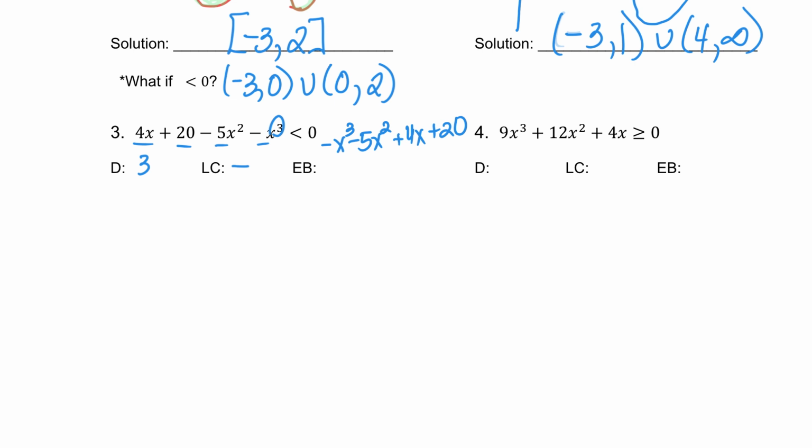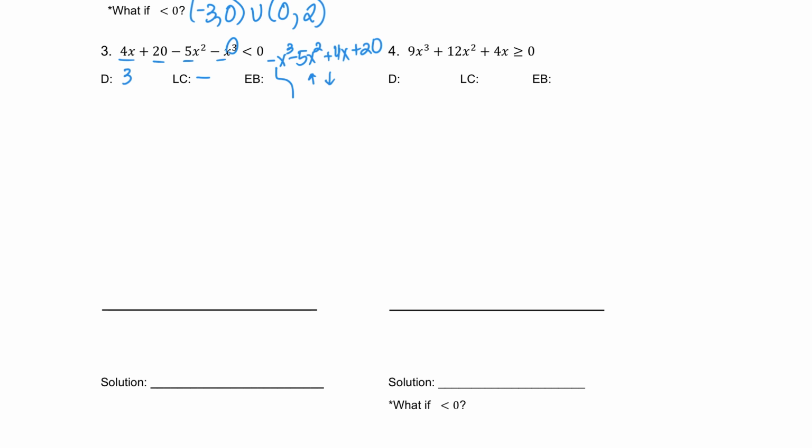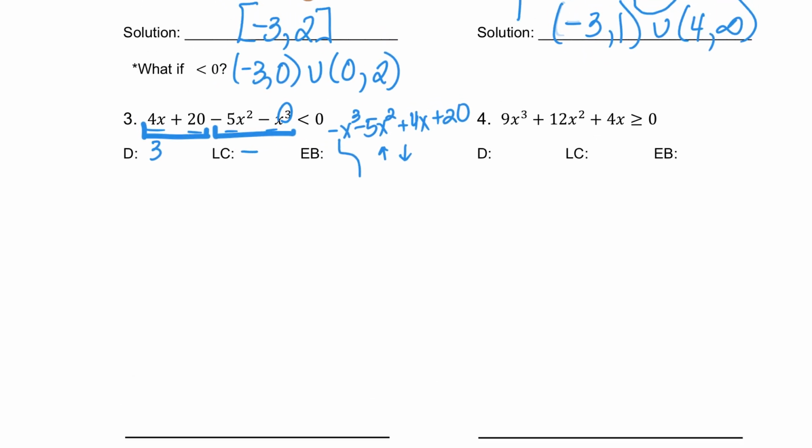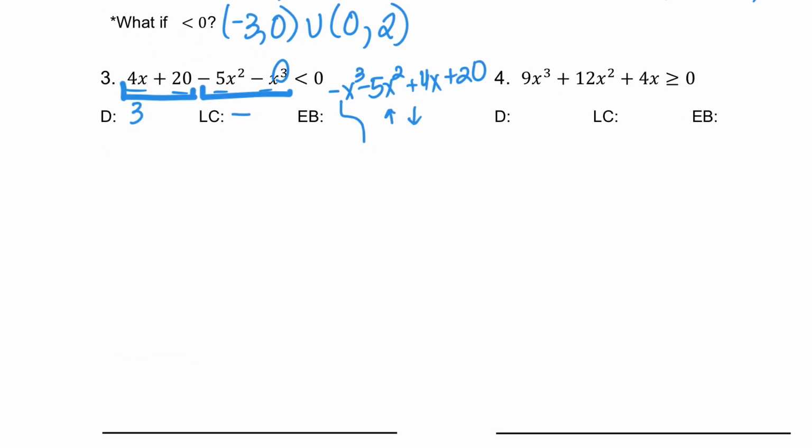So since it's negative, it does a reflection across the x-axis, so it's going to go this way, where it's up to the left and down to the right. Okay, so if we make a sketch of that here in a minute, I'm going to have to first factor that. Okay, so let's group those two together and these two together. Okay, my GCF of 4x plus 20 is going to be 4 times x plus 5.